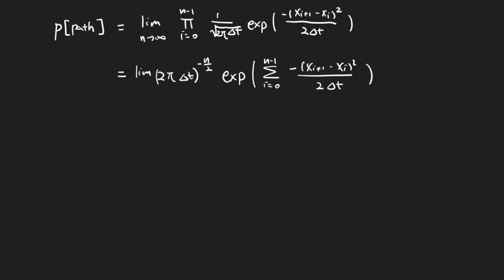And we need to take the limit as n goes to infinity. So notice that the first term does not depend on the path because it has nothing to do with x. So it just means that this probability is proportional to the second term.